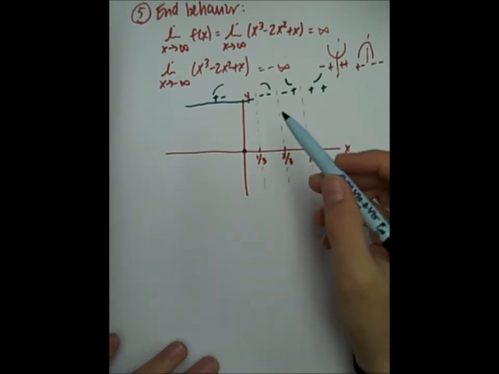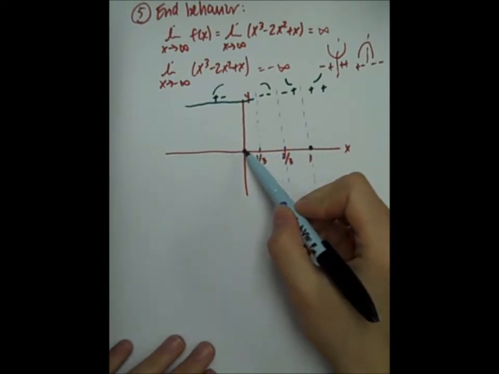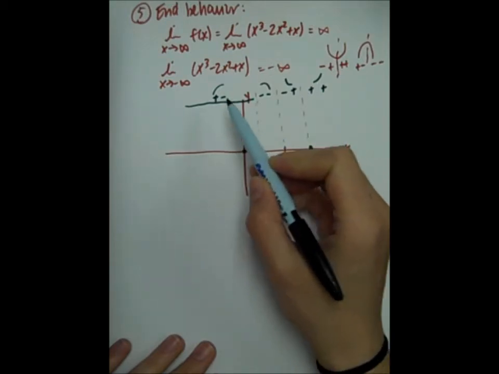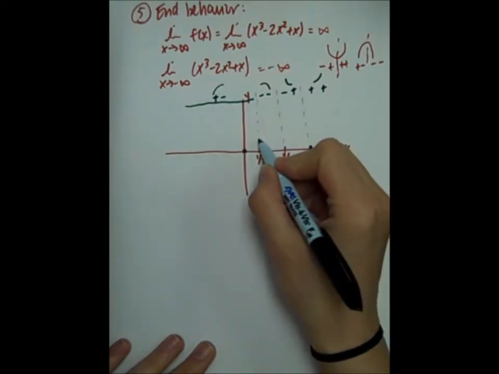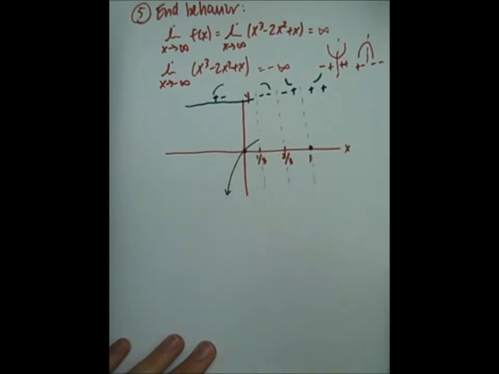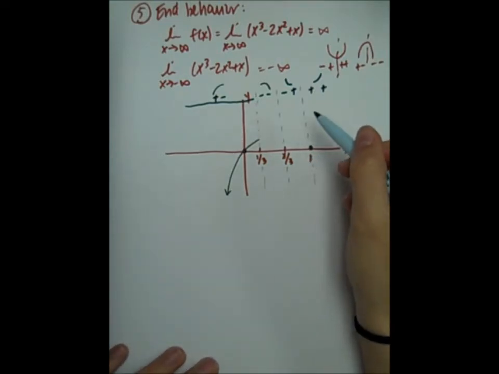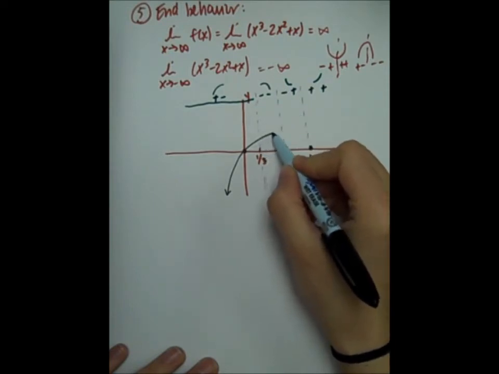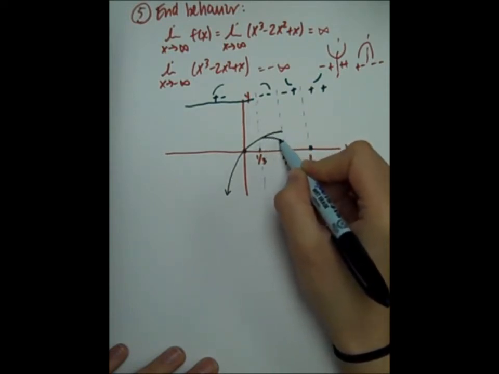So now let's sketch it. I have to go through this point, and it says that anything to the left of this line has to look like this shape. So probably something like this. Remember, these are just rough sketches. Okay, next, I know that I have to have this shape. Whoops, messed that one up.